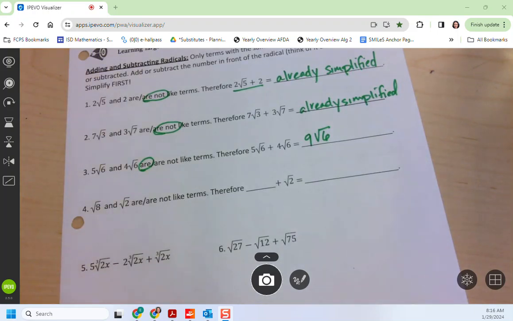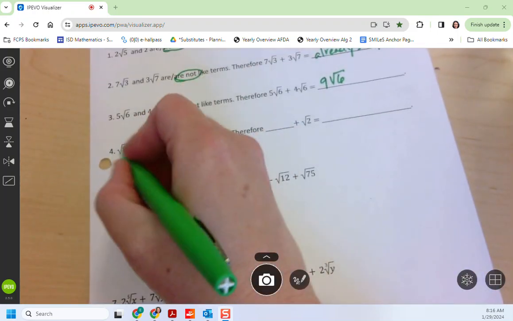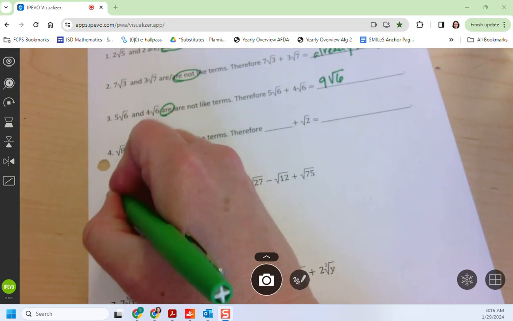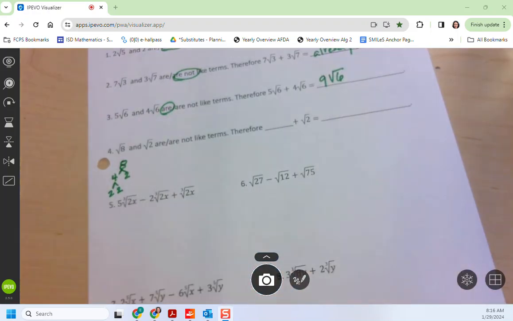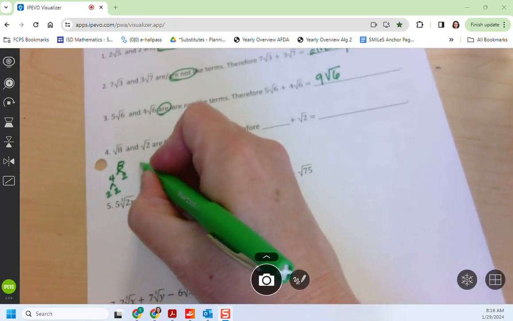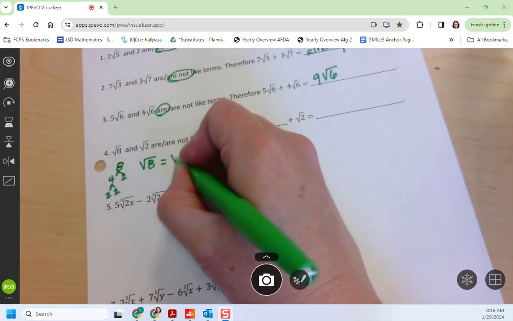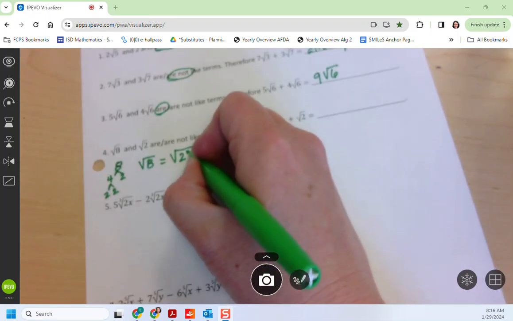The root 8 changes. So I'm going to make a factor tree. 4 times 2, 2 times 2 times 2. So root 8 is the same thing as square root of 2 to the 3.